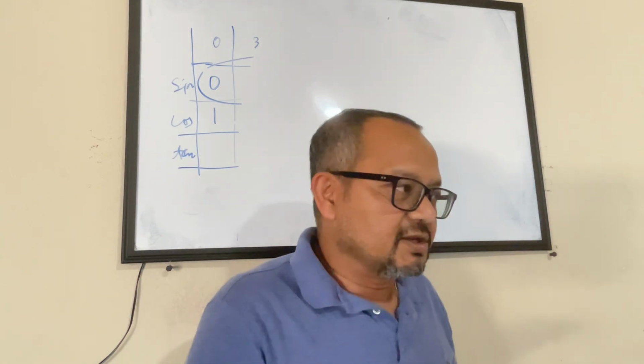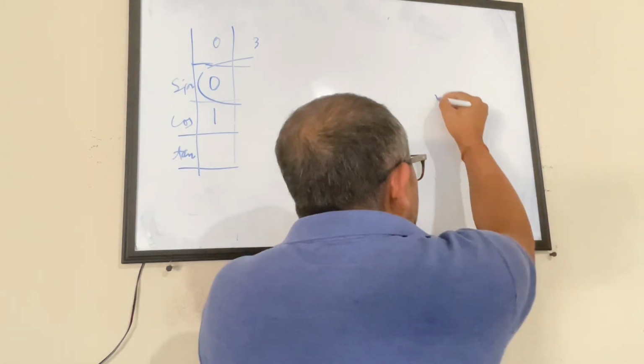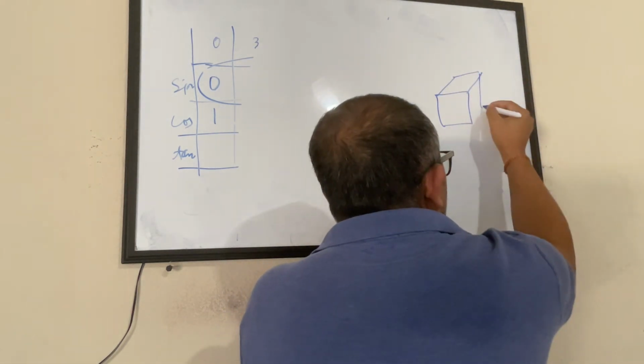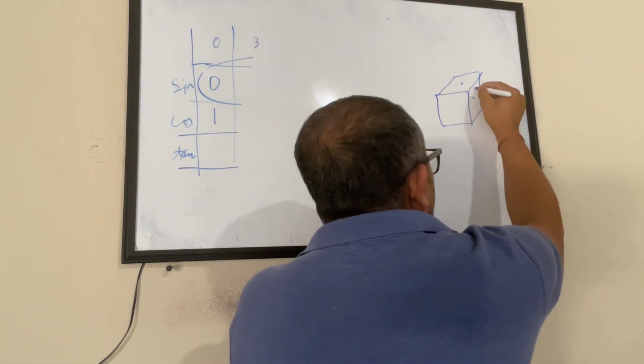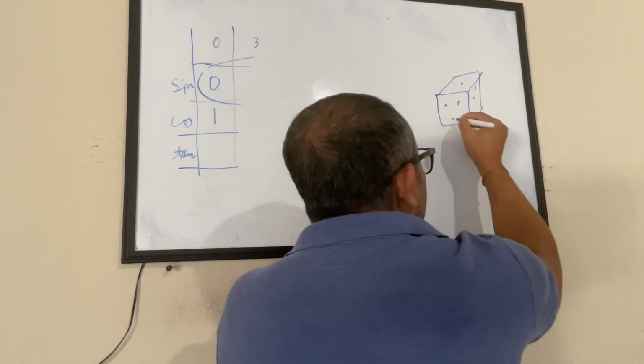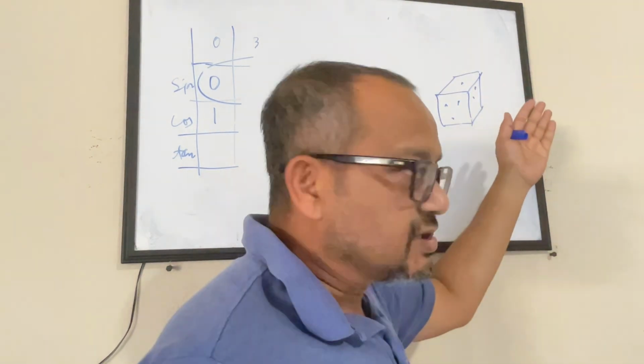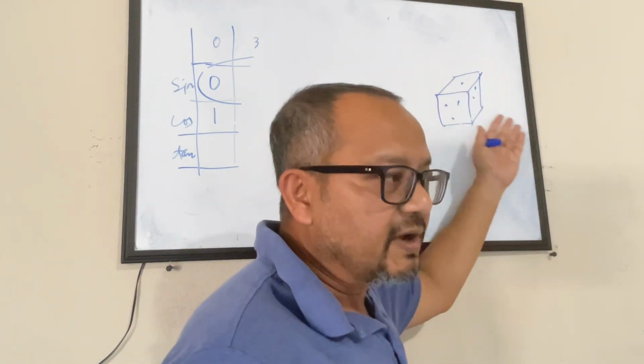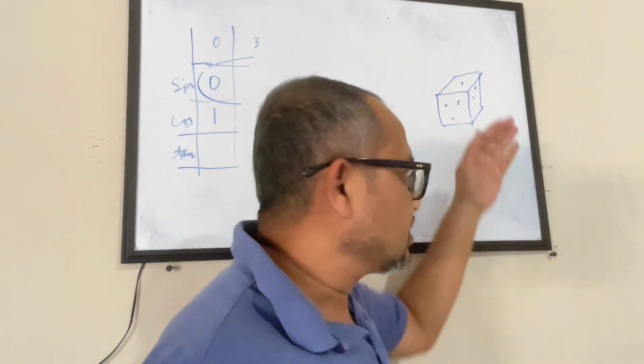You roll a dice, which again has 6 possibilities. On every side you have some numbers written, and there are 3 more sides that we are not able to see on the board right now, but we have 1, 2, 3, and 4, 5, 6 also written on each of the sides.